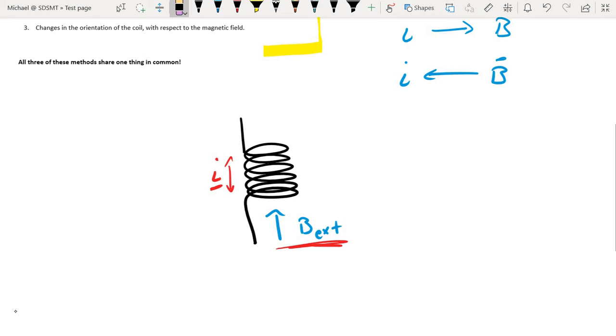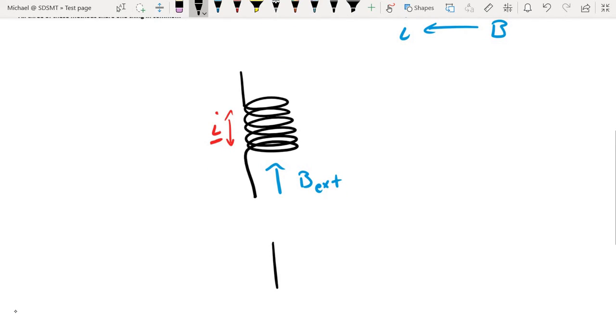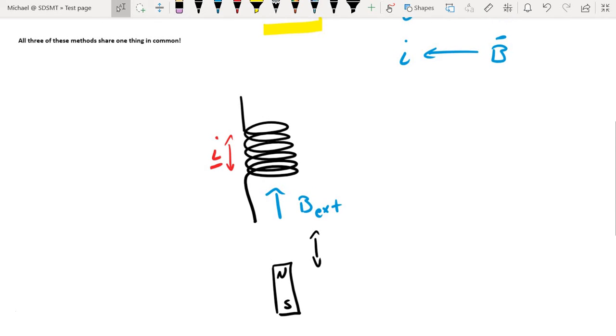But one way to accomplish this would just be to take a magnet and move that magnet closer and further away from that coil. And that is all that we need to induce an electric current within that material.